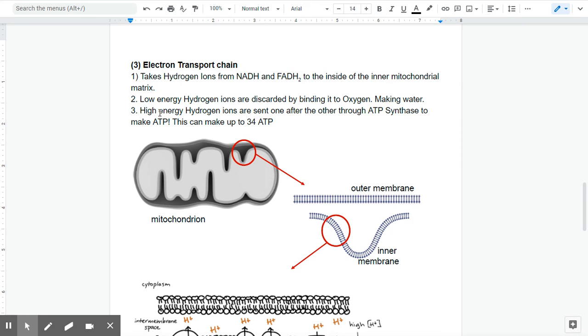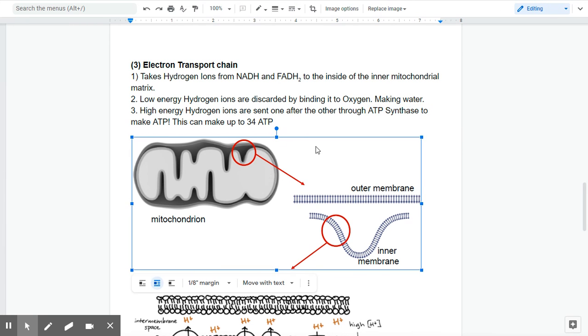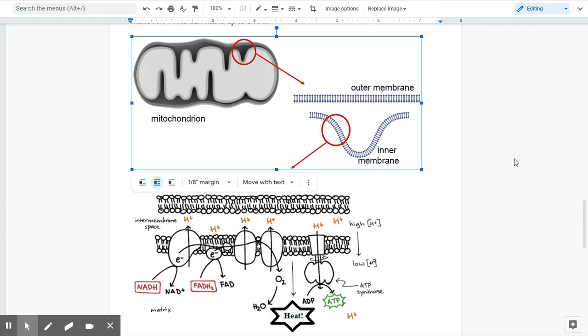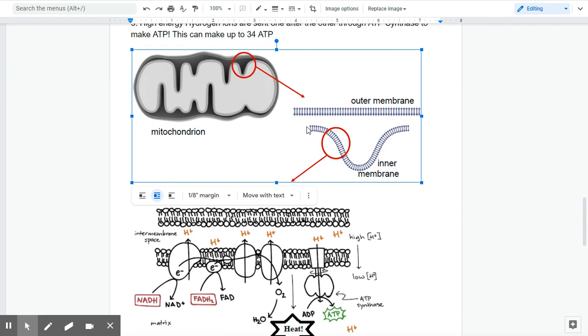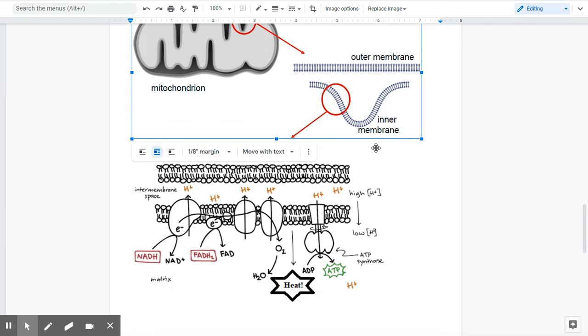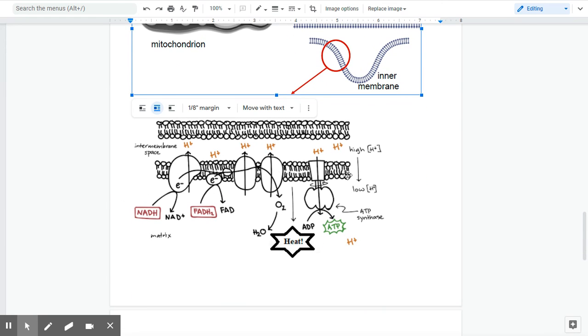And then our high energy hydrogen ions that are still left are used in ATP synthase to make ATP. So that happens here in the inner membrane space. Okay, and this is what it looks like.